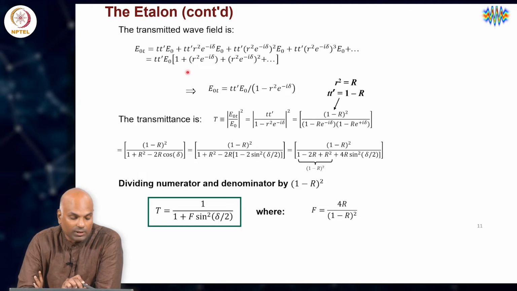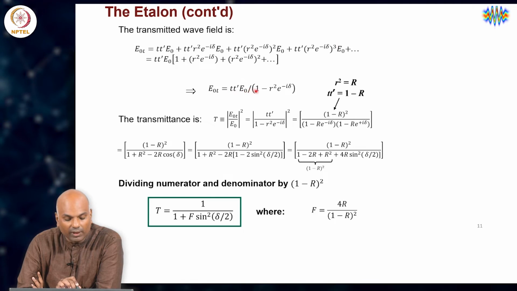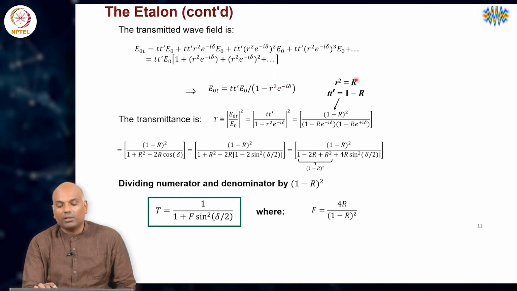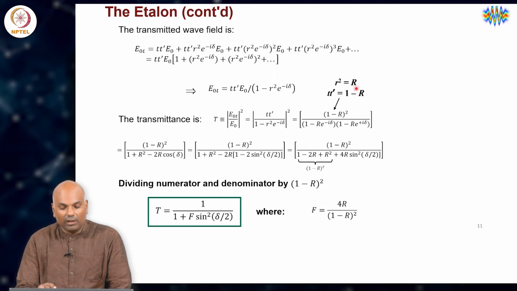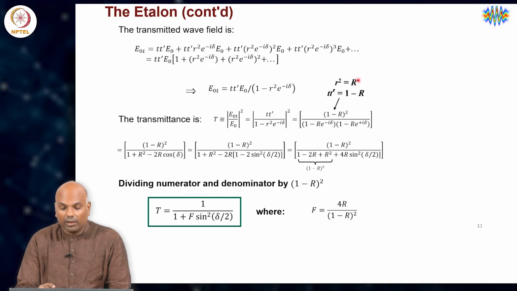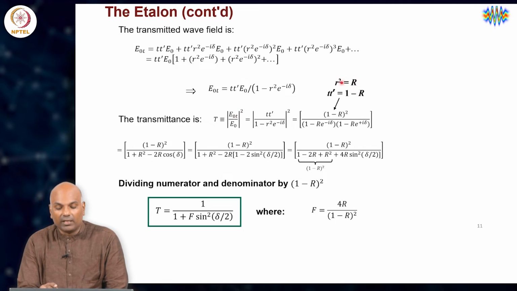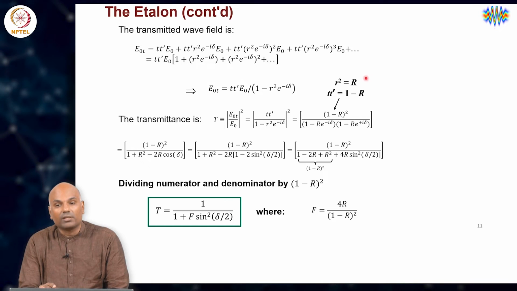So, the series must converge, and it converges to the value t t prime E naught divided by 1 minus r square e to the i delta, and it is at this juncture that we introduce the reflectance, capital R. It is actually also sometimes called the power reflection coefficient, which is the same quantity as little r, but now defined using the ratios of irradiances or intensities.